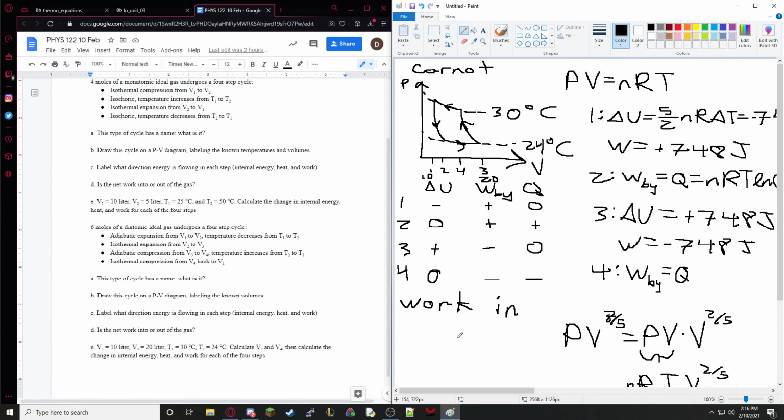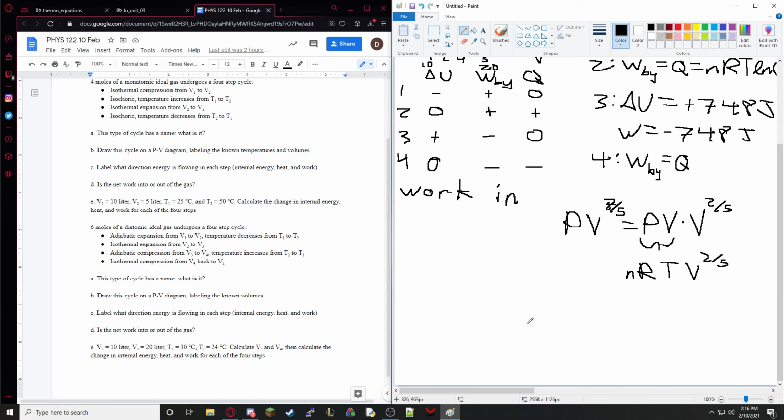So if we take it in our initial spot, we'll call it spot 1. So we have nRT1 times V1 to the 2/5 has to be equal to nRT2 times V2 to the 2/5. And if we go ahead and plug everything in, obviously nR cancels out.